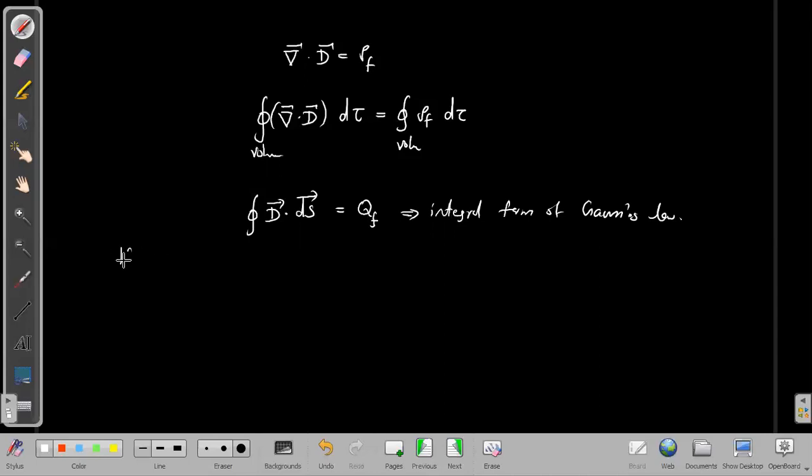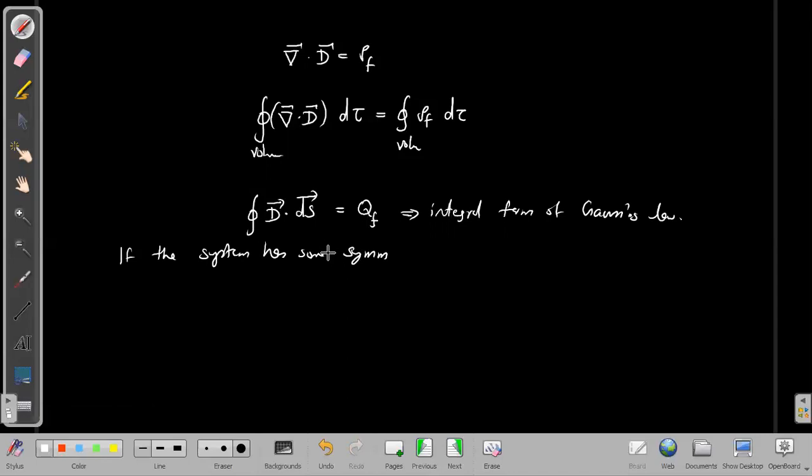So if the system has some symmetry, like in the case of the electric field, where we have used Gauss's law to find the electric field of certain charge distributions, for example line charges, point charges, as well as surface charges. We can find the electric field directly by using Gauss's law.